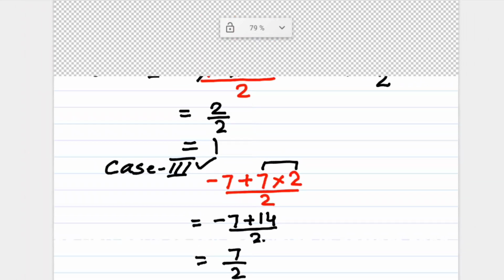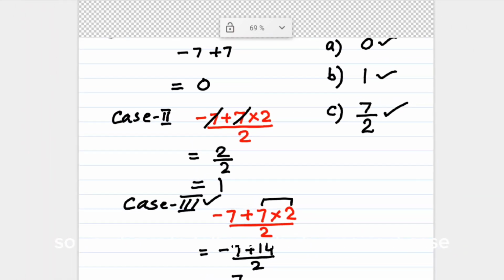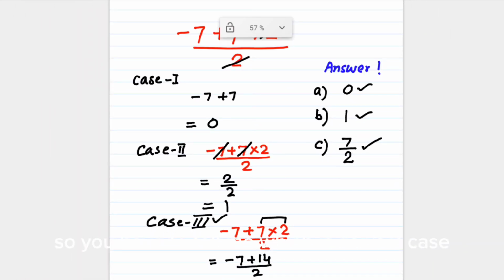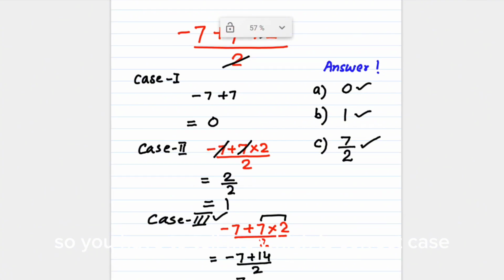So you have to tell me which is the correct case. Either case 1, which has 0 as the answer, case 2, which has 1 as the answer, or case 3, which has 7 by 2 as the answer.